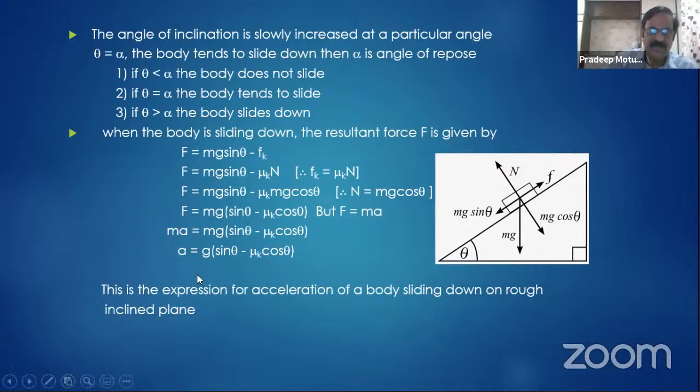So that acceleration you can easily calculate by this equation: a is equal to g into sin theta minus mu k cos theta. Okay, students, I hope you understand this expression.